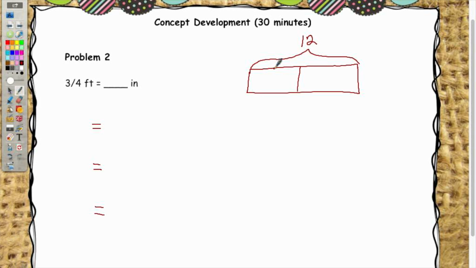So I divide my tape diagram into 4 equal boxes. What am I trying to figure out? 3/4. So write it like this. The first thing I write, boys and girls, is the fraction times 1 foot. So 3/4 times 1 foot.